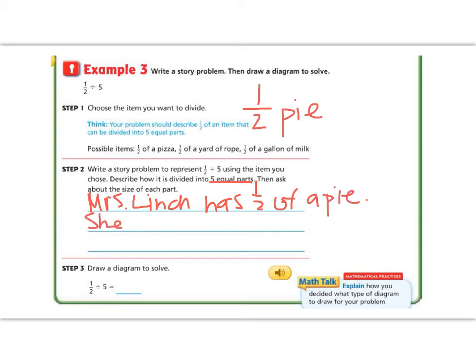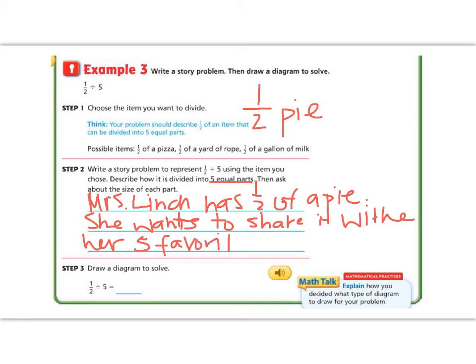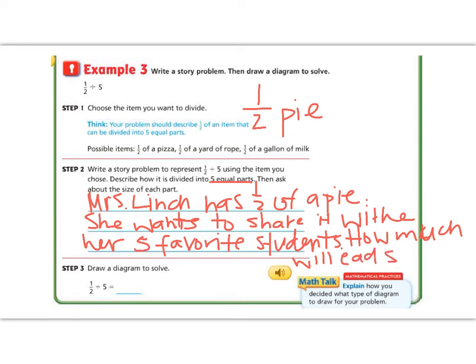She wants to share it with her 5 favorite students. How much will each student get?